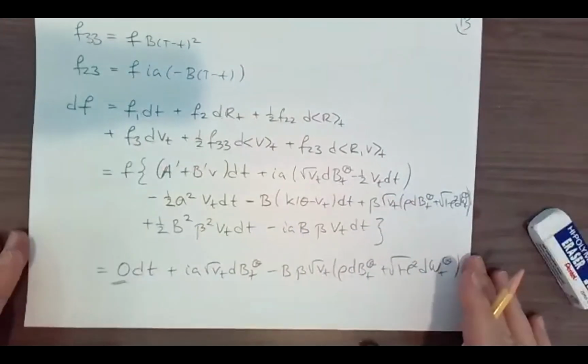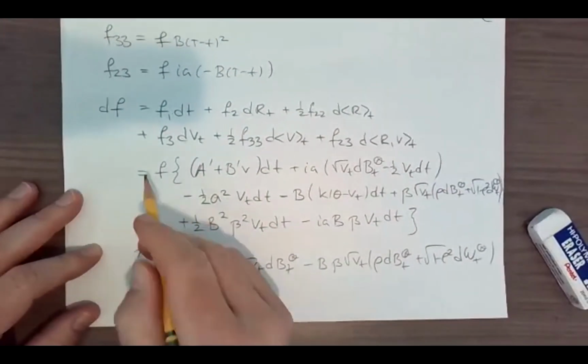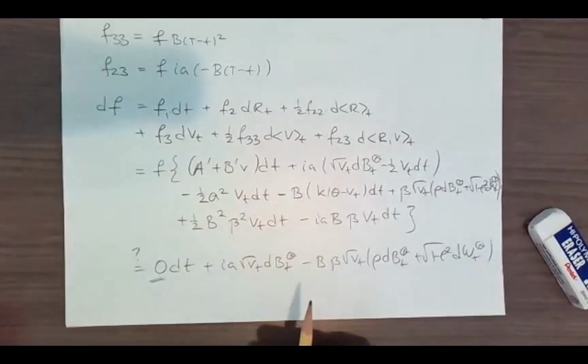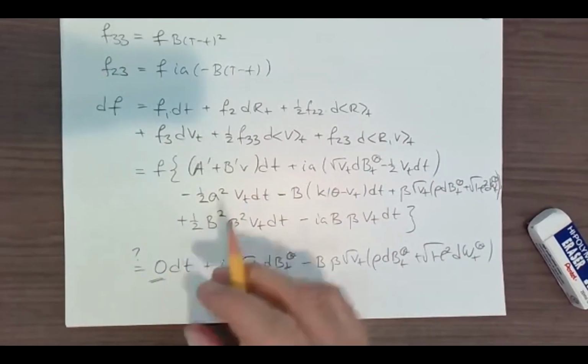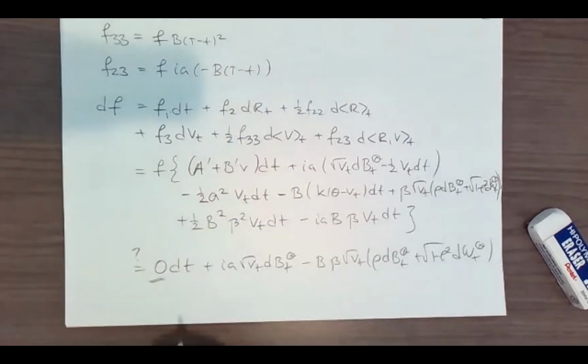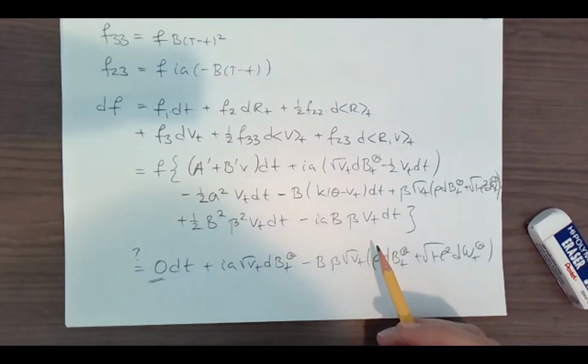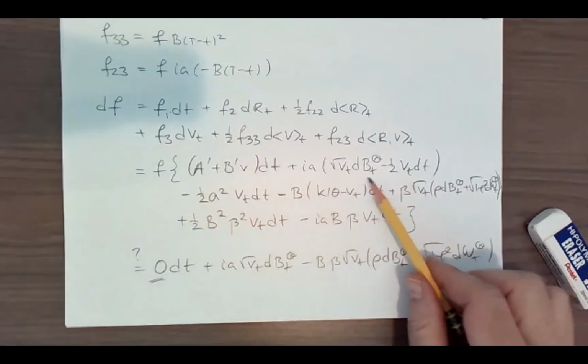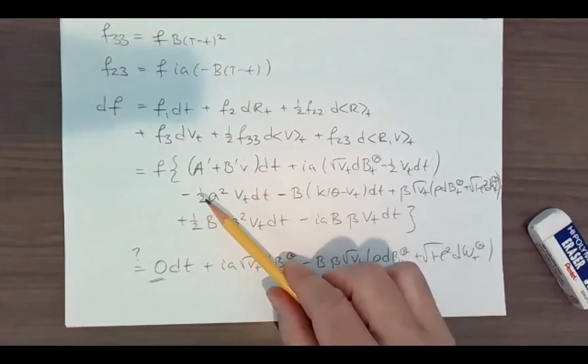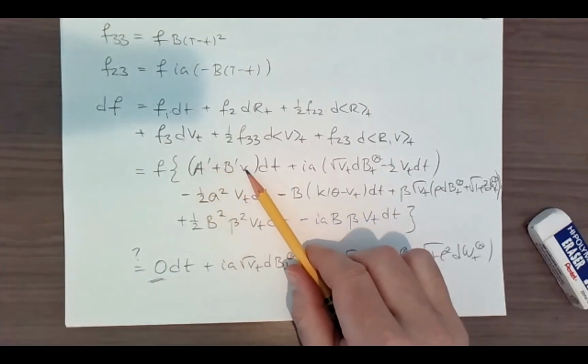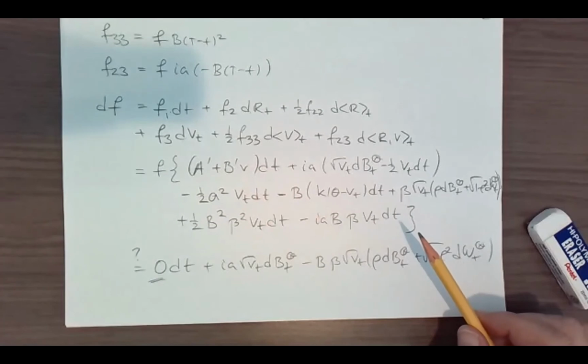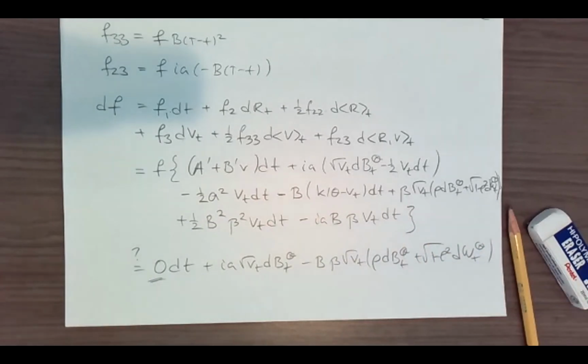So what we do now is, how do we get all this stuff up here? We know it's going to be a martingale, so there has to be a 0 dt term. We have to compress all this stuff in such a way that we get a 0 dt. And the thing that's magic about these models is that when you look inside, the drift is affine in V. You only see either something that doesn't have anything to do with V, or you see linear terms in V. Let's try to explore that.